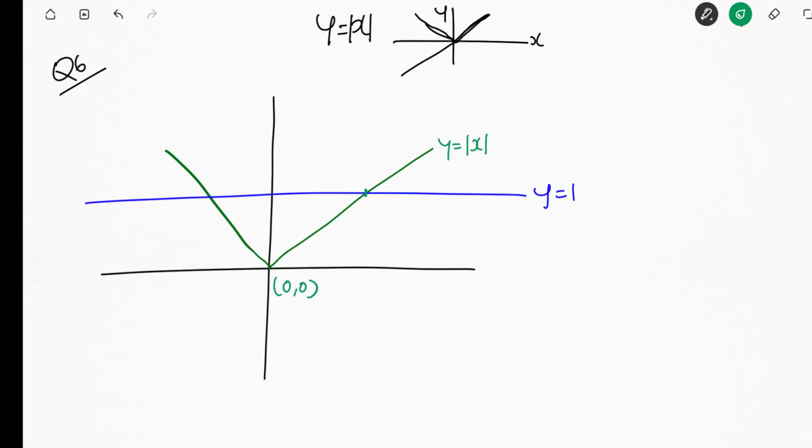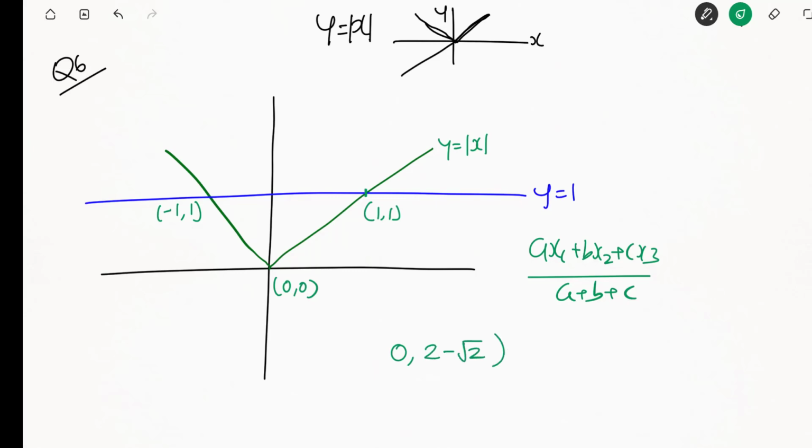If y is 1, obviously x will be 1, so 1 1. Just the mirror of that, so x will be -1 and y is obviously 1. When 3 points are given, you can easily figure out using the formula a plus b plus c, right? Use the distance formula and find the distance of all these three. Coordinates are already given. I will be giving the answer: 0, 2 minus root 2.